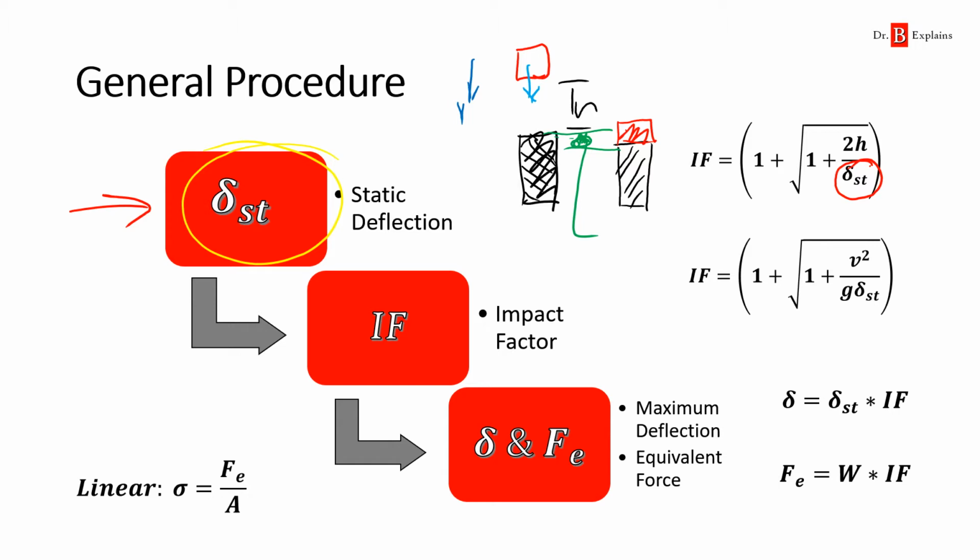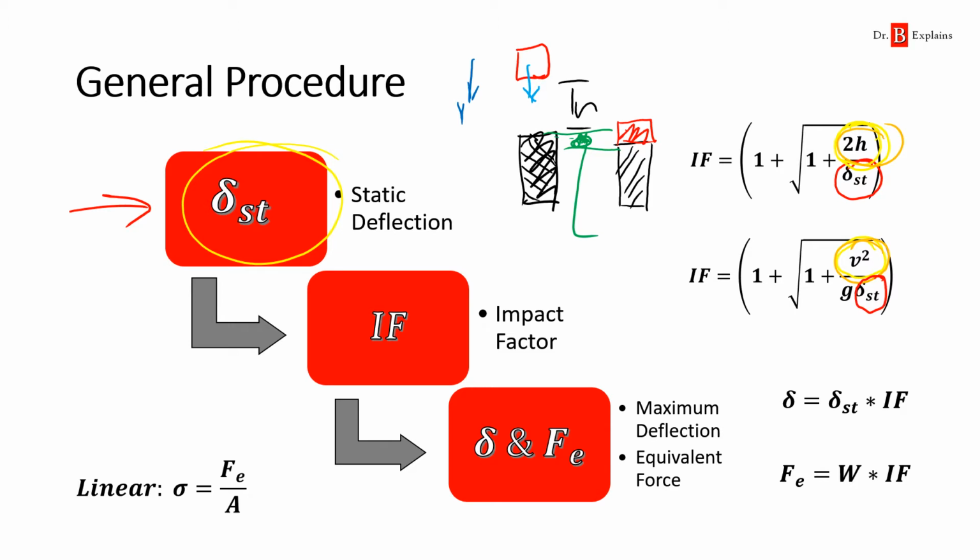Now we have two equations for the impact factor. One of the equations is going to depend on h, and the other equation is going to depend on v. Let me change color so you can see it better. Regardless of which equation we're using, the static deflection is going to appear in the two equations.